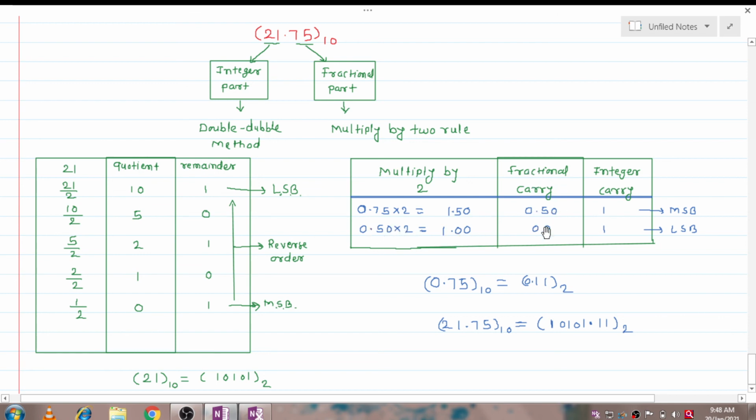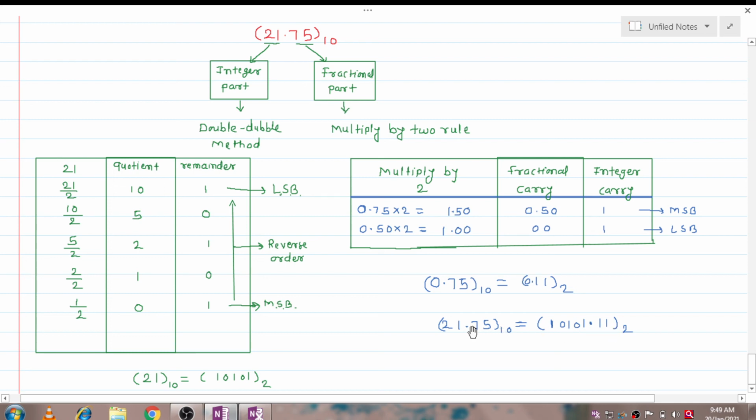So the fractional carry is 0 and the integer carry is 1. This is the most significant bit and this is the least significant bit, so that is 0.11. This is the integer part and this is the fraction part. For the integer part it is 10101, and for the fraction part it is 0.11.